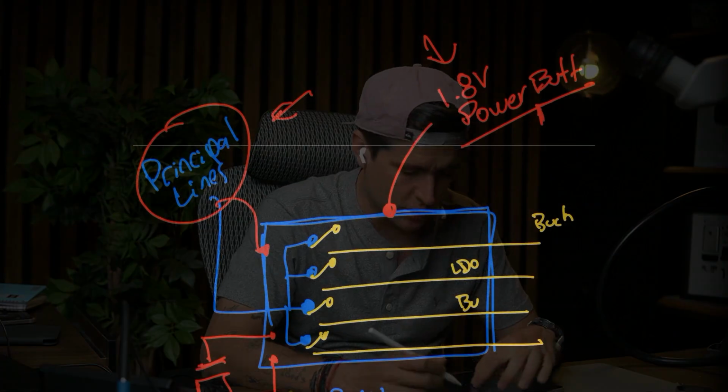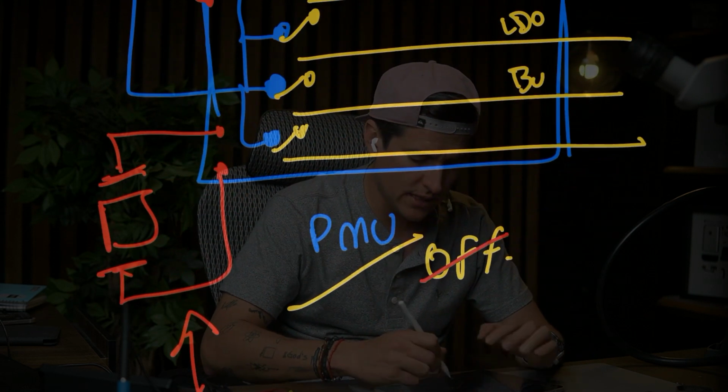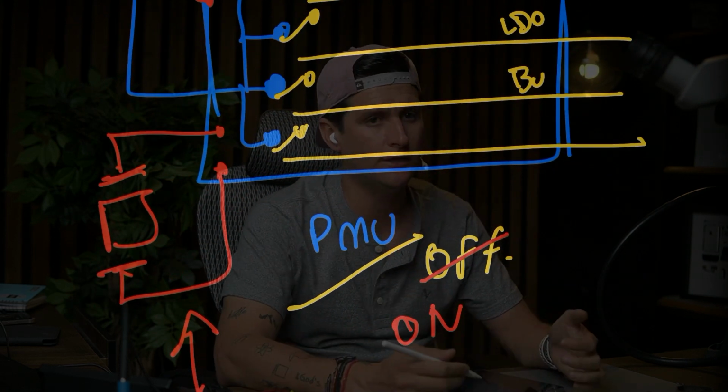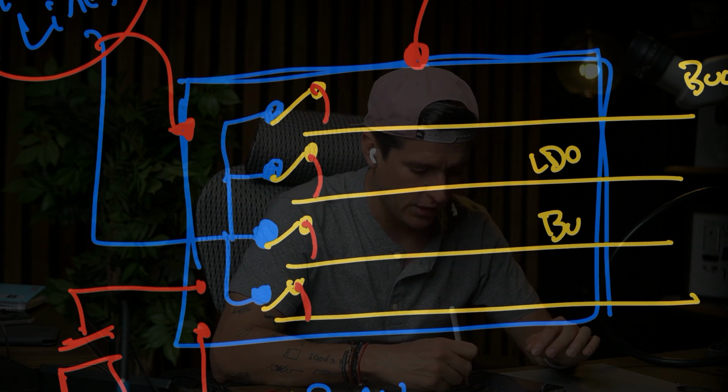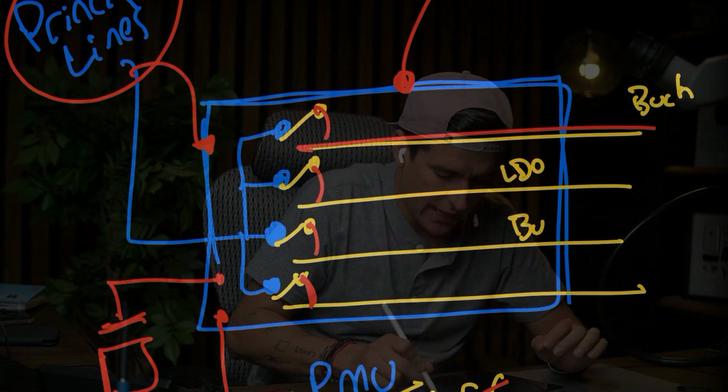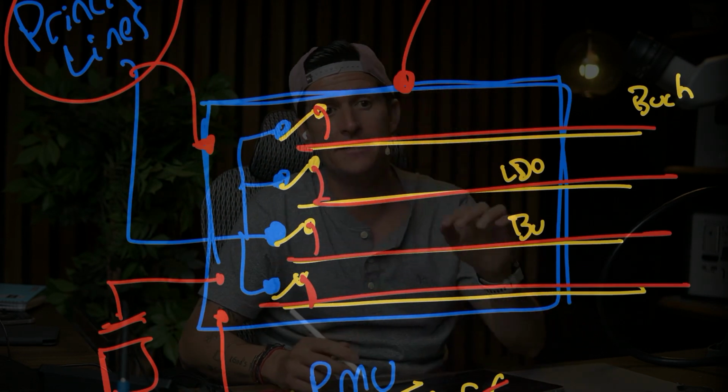So when we press the power button, the PMU starts working and is on now, and all these switches are closing, and now we have all these lines working.